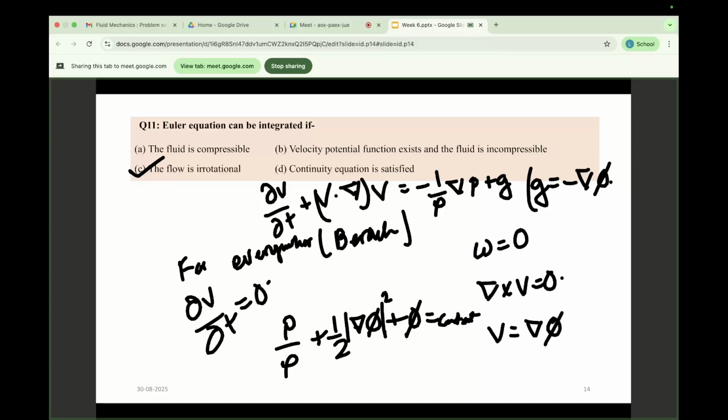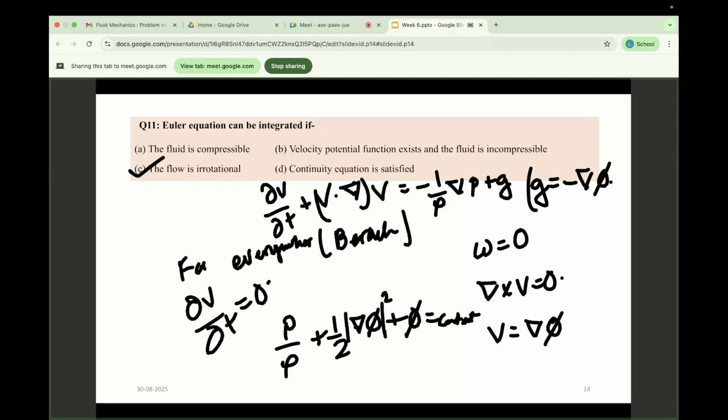And if you ask why option A, B or D is not correct: in the first option, it is incompressible. Compressibility affects the pressure-density relation. Definitely, because it's compressible, it will certainly affect pressure and density, right?